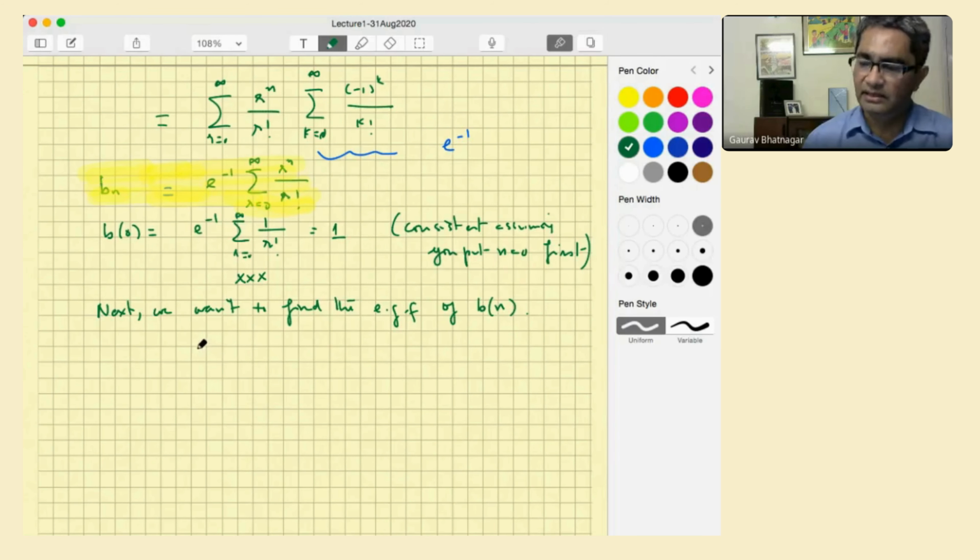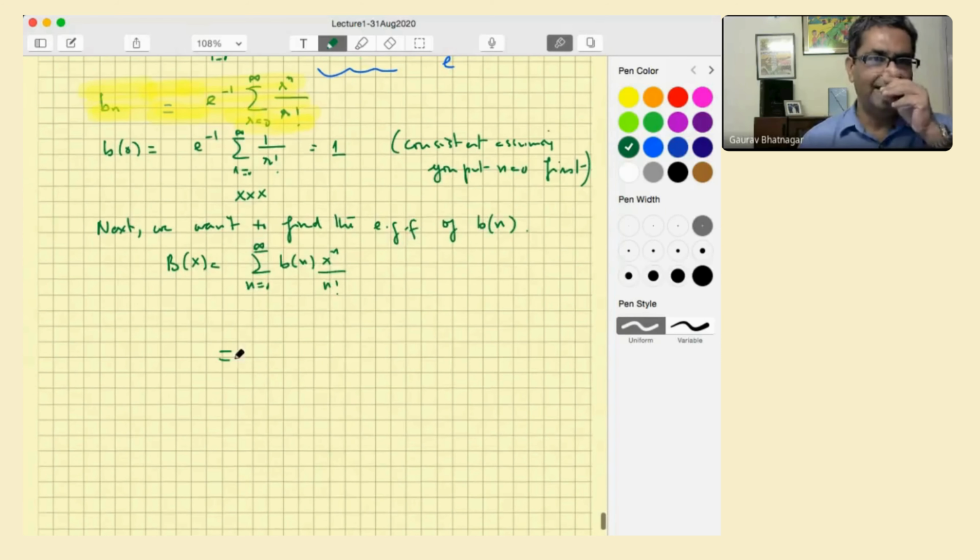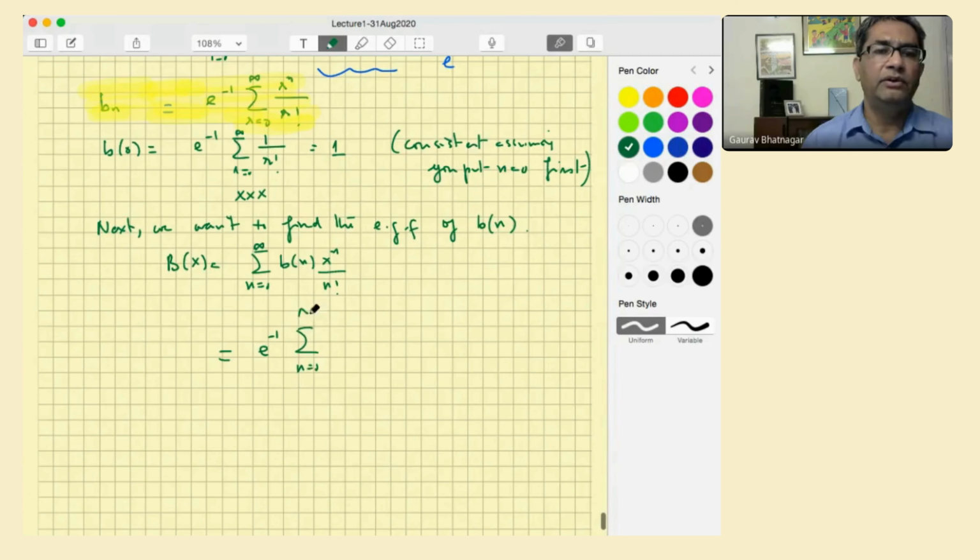So let's call B of x equal to the sum of B of n, x to the n over n factorial, n going from 0 to infinity. Let's find that. And this is e raised to the power minus 1, summation n going from 0 to infinity, x to the n over this.